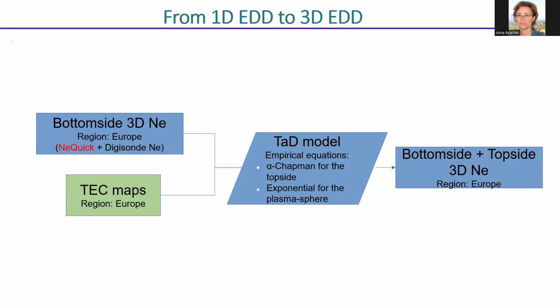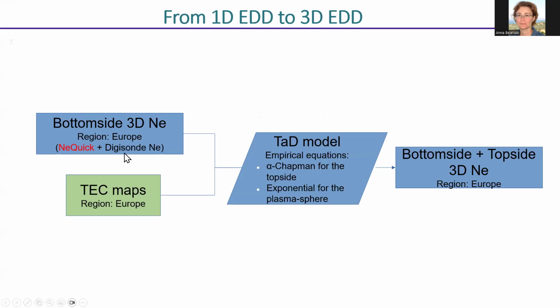And this is the sequence of steps that we are implementing to derive the 3D electron density model. So we start from the bottomside with a baseline model, which in this case is the NeQuick model, and we ingest data from the Digisondes in operation.